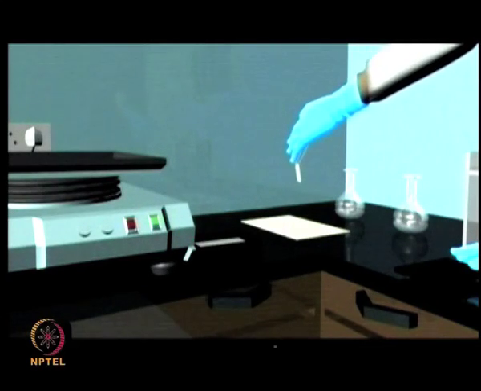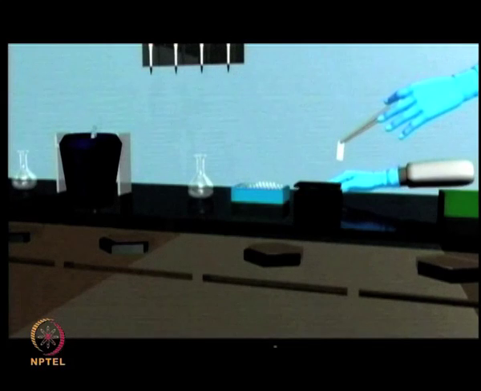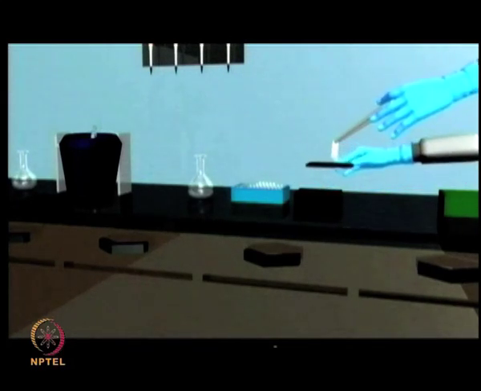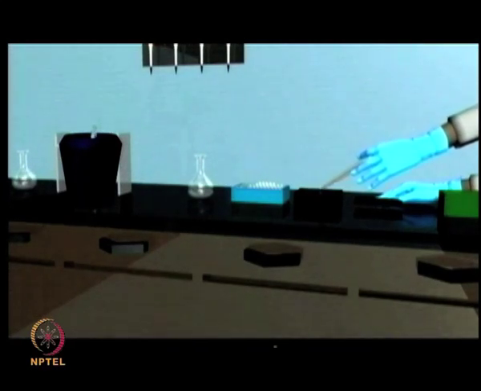After the blocking steps are completed, depending on your application, you can either apply a primary antibody, if you want to do a quality control check, for example, or one can use a query protein, for example, if you want to study protein-protein interactions.